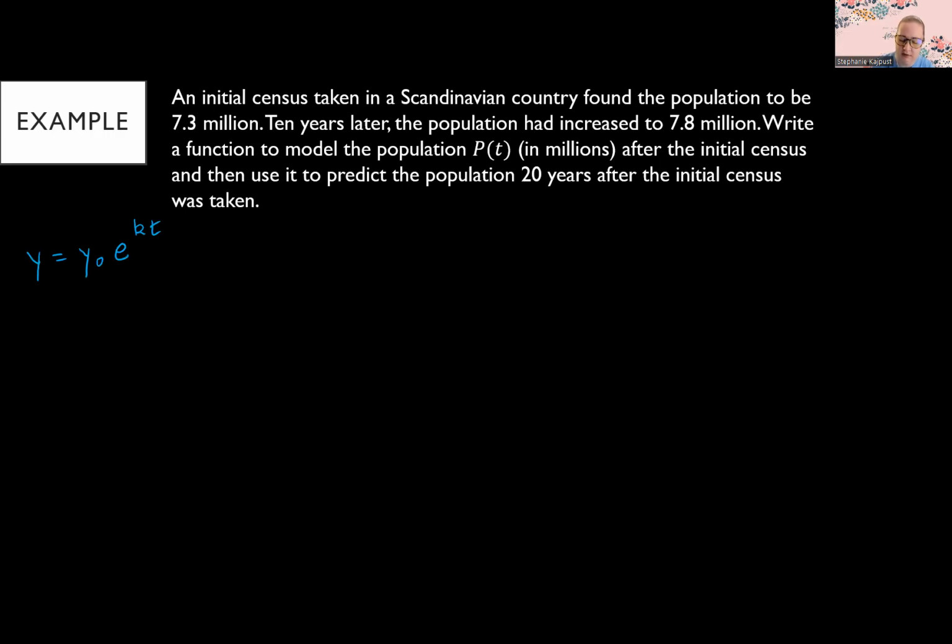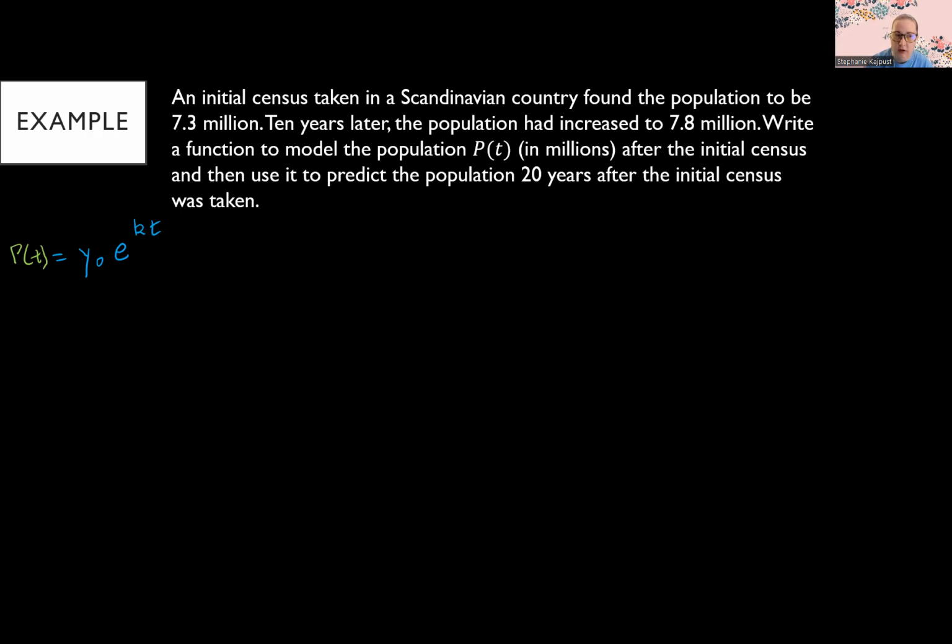Now they're telling us that we want to model the population P of t. So they're just telling us instead of y, put it in function notation and call it P of t, for P for population. That's all they're saying there.